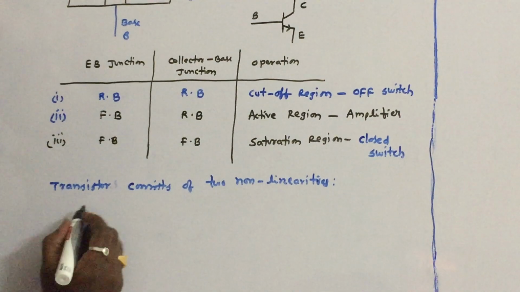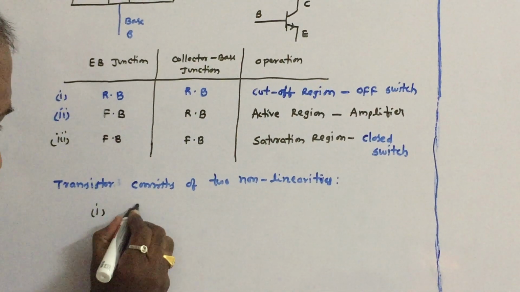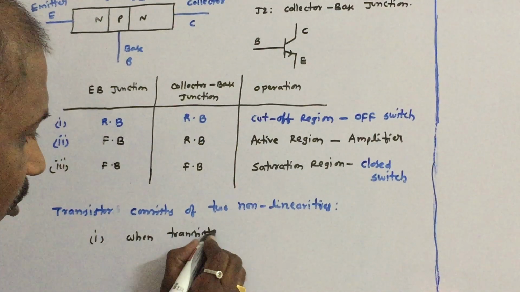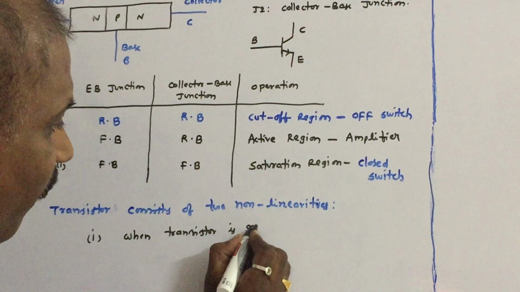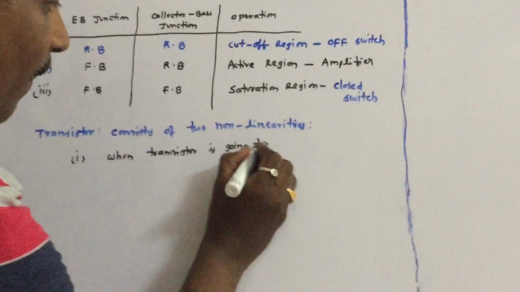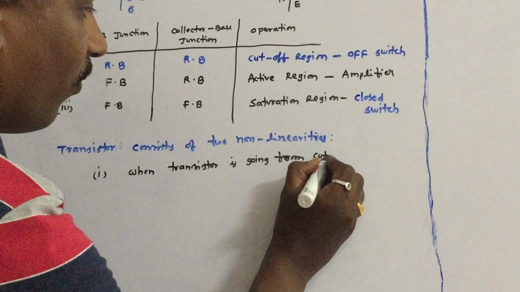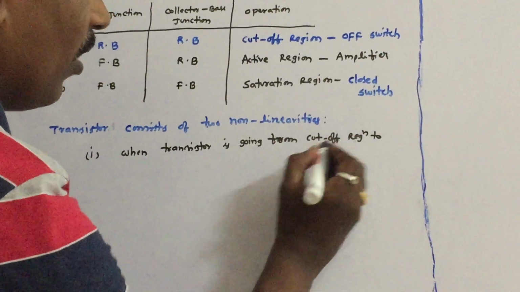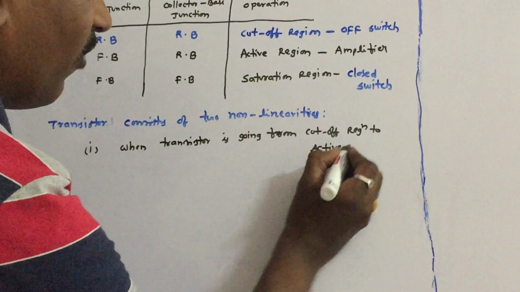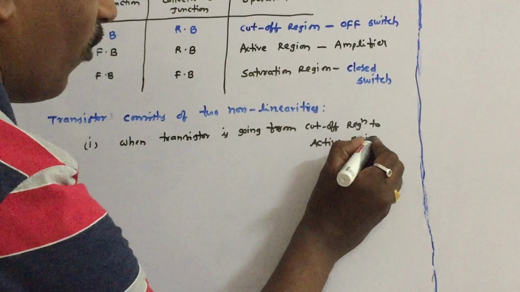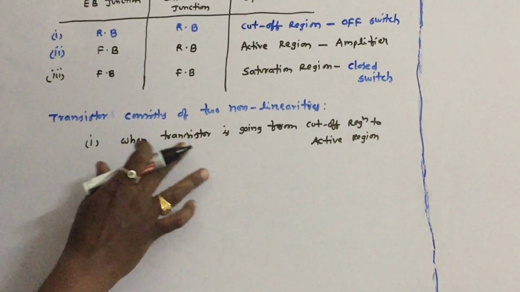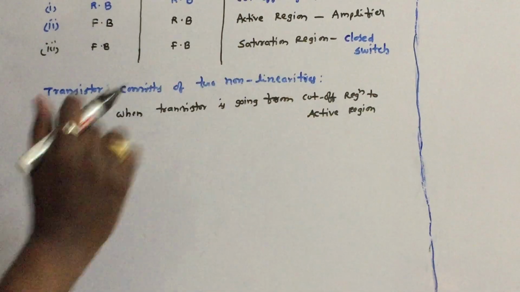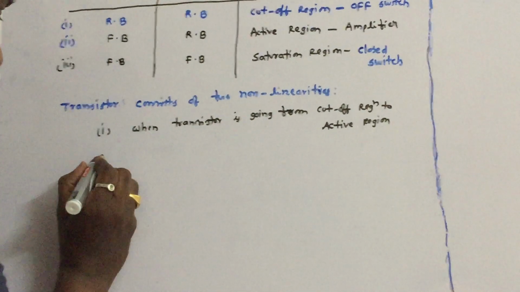Number one, when the transistor is going from cutoff region to active region, this is one non-linearity. As you know what non-linearity actually is, when the transistor is driven from cutoff region to active region, this brings one non-linearity of the transistor.